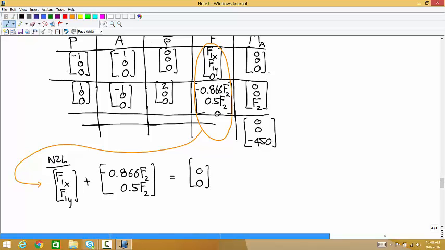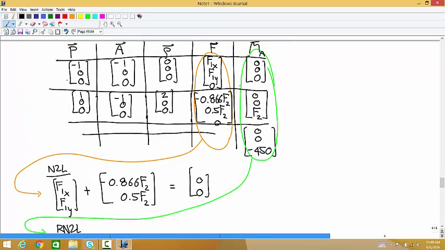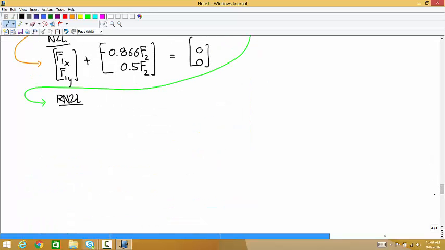And we can do the same thing with the moment column. We put that stuff into rotational Newton's second law. So the left side of the rotational Newton's second law, we only want the z component, so we have 0 plus F2 minus 450 is equal to 0.